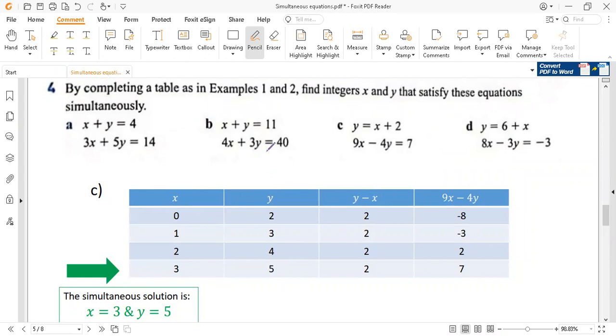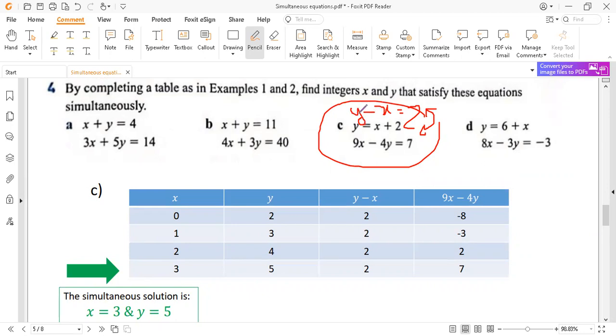But here, for example, in part C, we have y equal to x plus 2. The equation here is not well organized because we need to have both variables on the same side. So we can say easily y minus x equal to 2 to simplify our work. These two equations are identical. But to simplify our work, especially using the trial and error method, this table of values, we need to have the two variables on the same side.